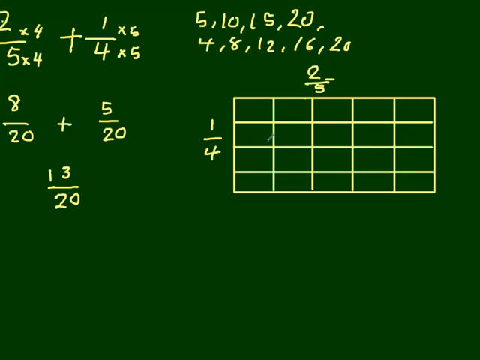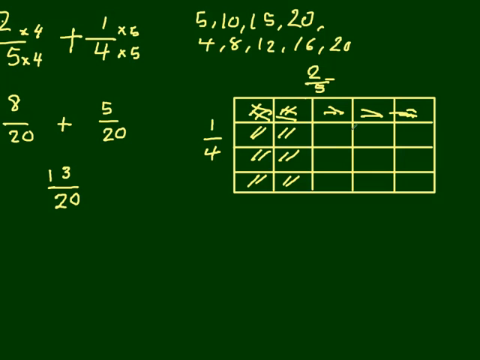So if I shade 2 5s or 2/5, that means 2 columns out of 5 columns will be shaded. And if I shade 1 out of 4 rows, then I need to shade the whole of the first row.